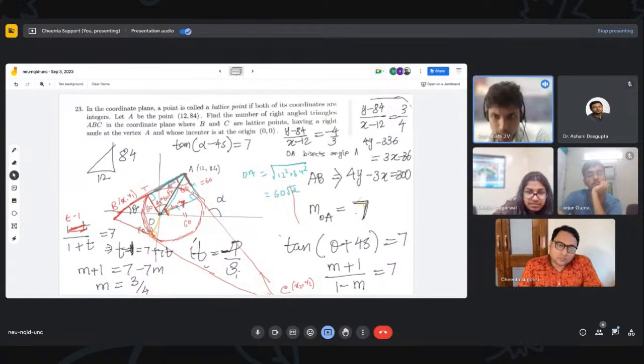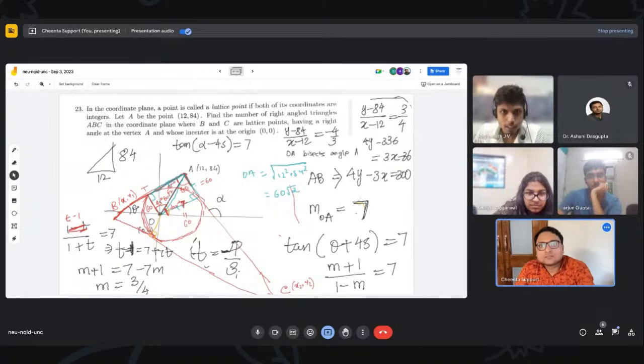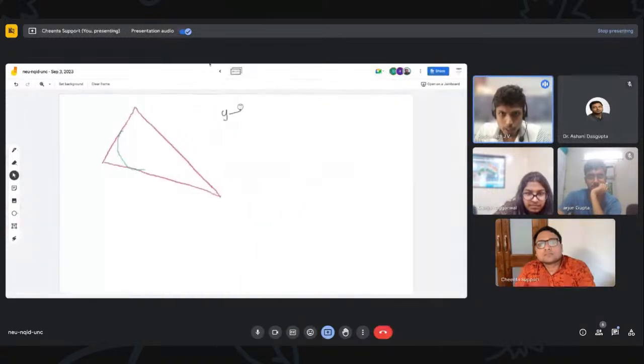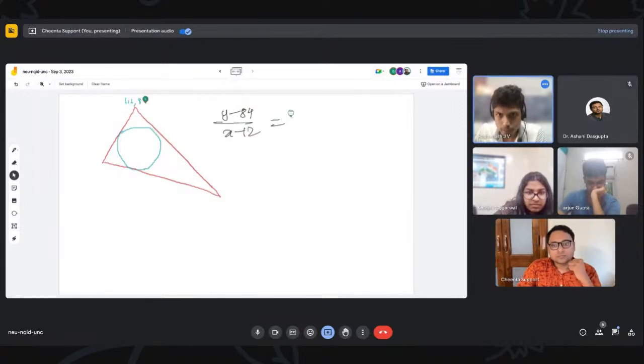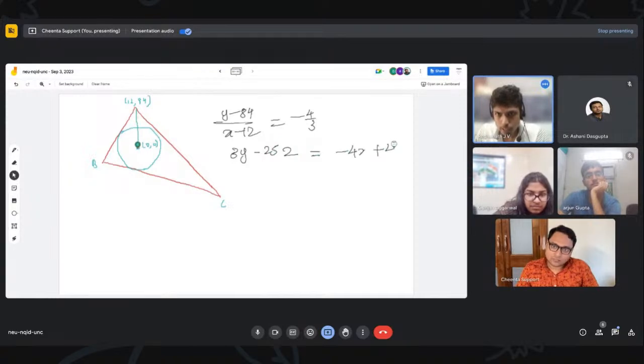So what will be the equation? Maybe I will go to the next page. So y minus 84 by x minus 12 is equal to minus 4 by 3. Then 3y minus 252 is minus 4x plus 48.